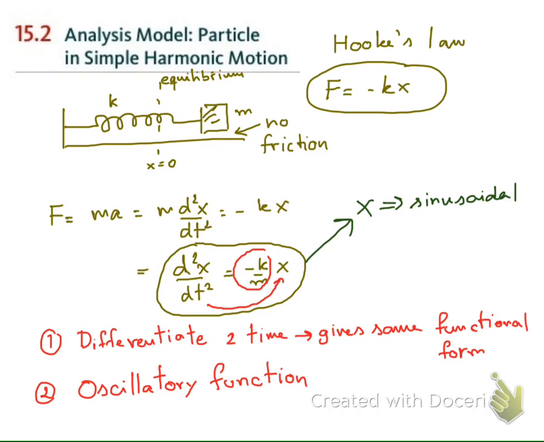We have two kinds of sinusoidal function: the sine function or the cosine function. So x can be expressed as a sine function or a cosine function, both of which are sinusoidal functions.